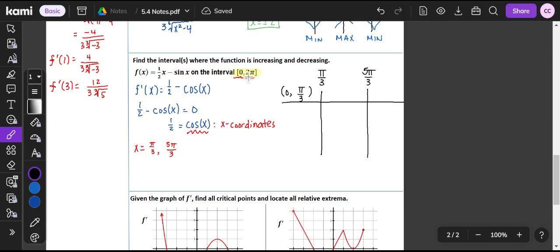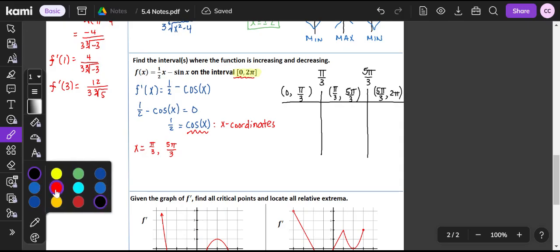So I can't go any lower than 0. All right, and then for this, I'm going to do pi over 3 to 5 pi over 3. And then for this one, I'm going to go from 5 pi over 3 all the way to the end of the circle, which is 2 pi.